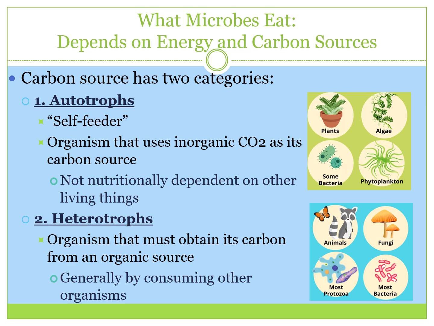Let's start with carbon. So how a microbe or organism, because we're not just talking about microbes here, we can also talk about higher life forms as well. How organisms obtain carbon comes in 2 flavors, all right? There are 2 options.